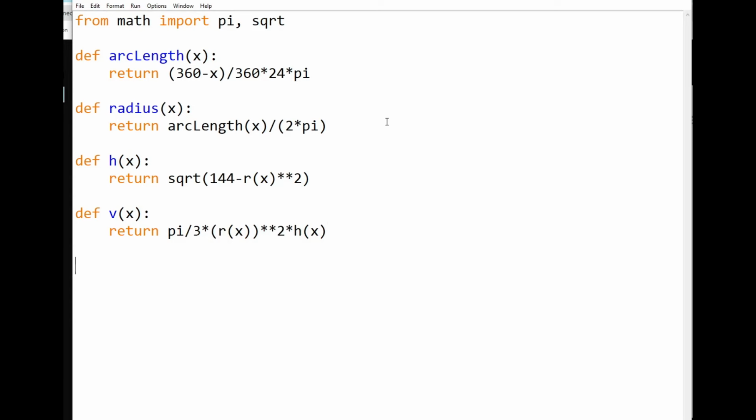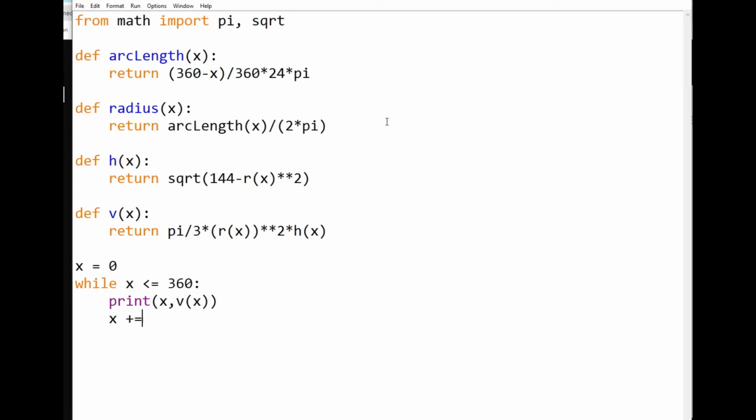Okay. Now all we have to do is print out everything from 0 to 2 pi for x. I'm sorry, we're in degrees, so let's just keep it as from 0 to 360. Let's make x equal to 0. Then while x is less than or equal to 360, print out x, the angle, and the volume with that x.